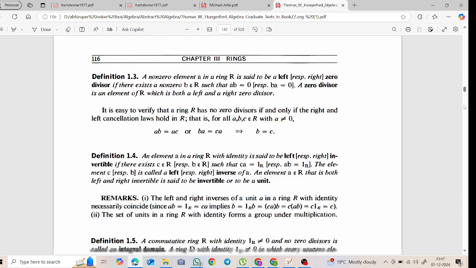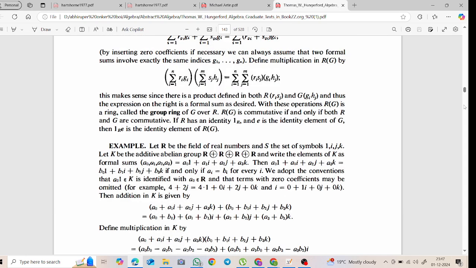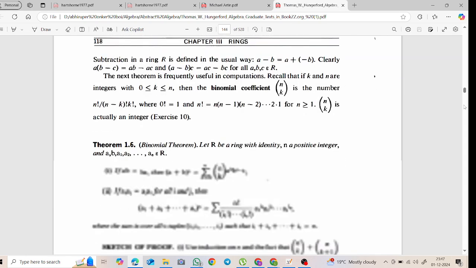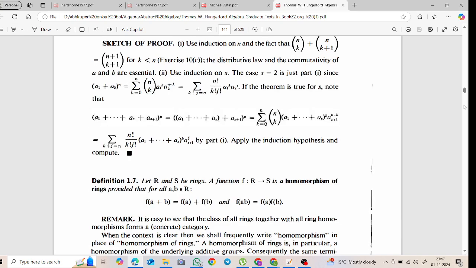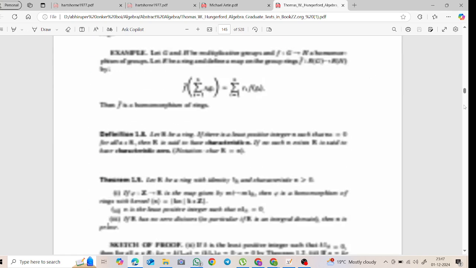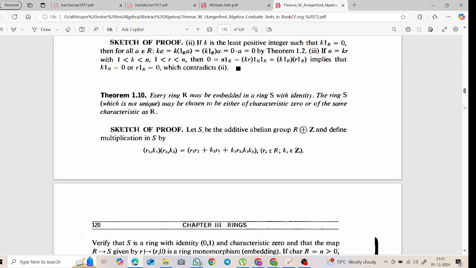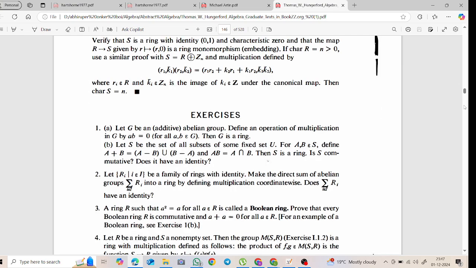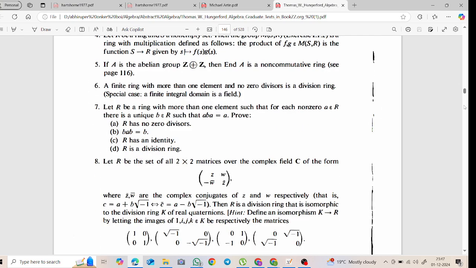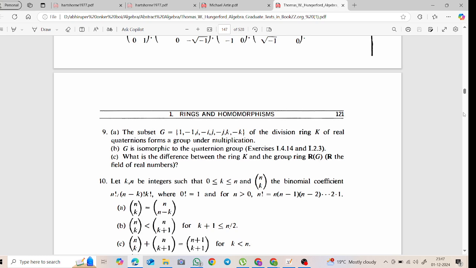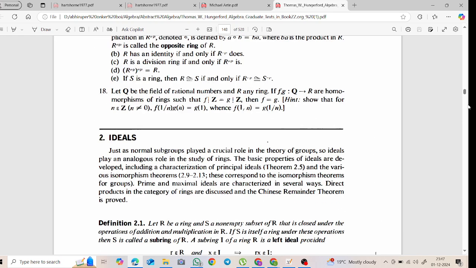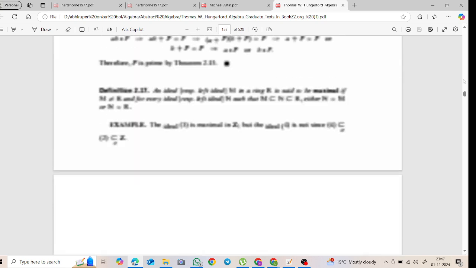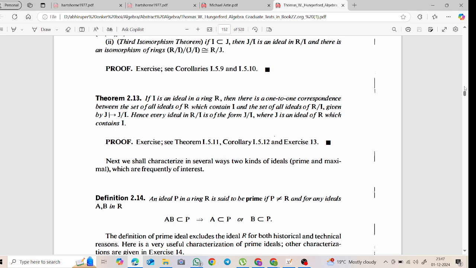The basic definition of rings, I think you know. So I will teach you the next section in the next class.